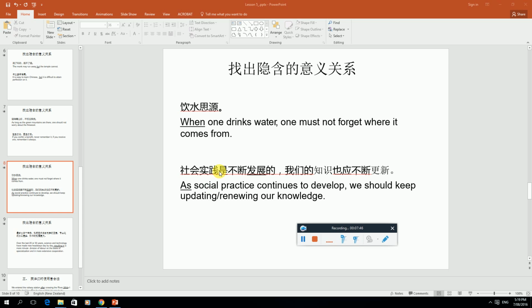The first part indicates the reason. As social practice continues to develop, we should keep updating or renewing our knowledge.